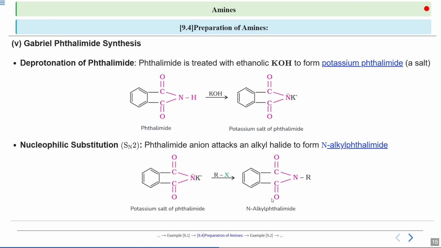See how the nitrogen from this phthalimide attacks this carbon which is attached to this halide, and the halide leaves as a separate ion. This results in the formation of an alkyl phthalimide, which will eventually be converted to a primary amine.